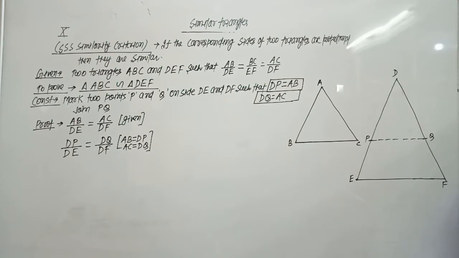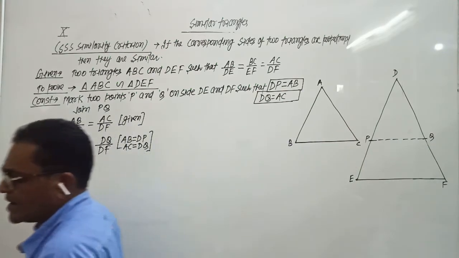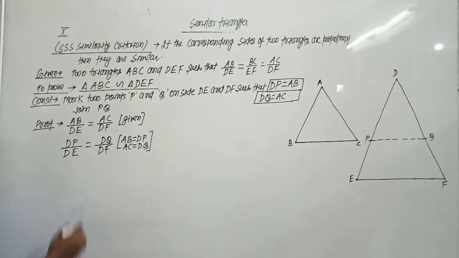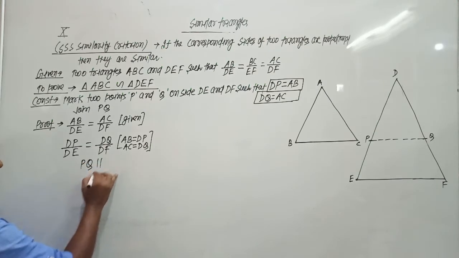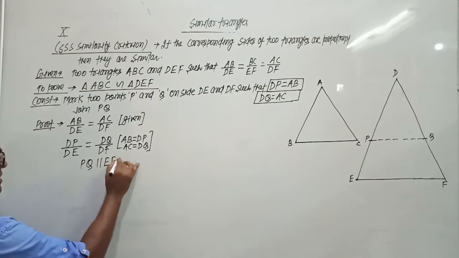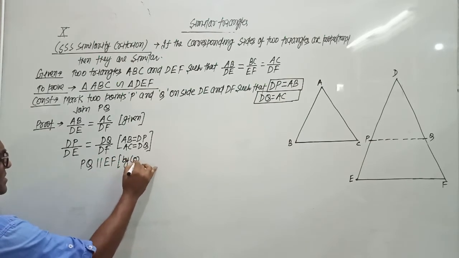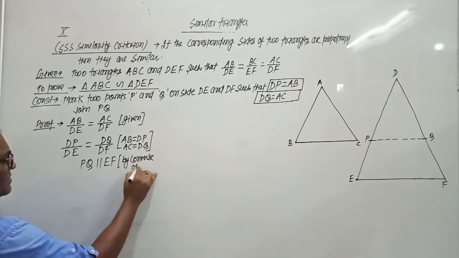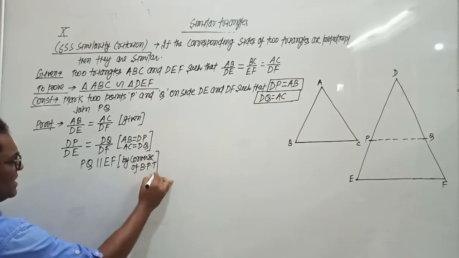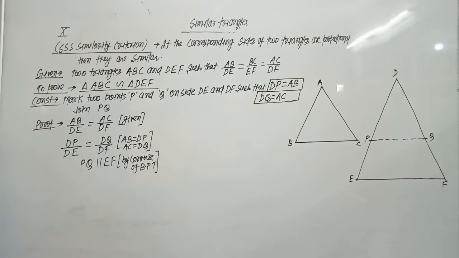It means sides are proportional. And if the sides are proportional, then the line PQ must be parallel to EF, so by converse of BPT we can say that PQ is parallel to EF.